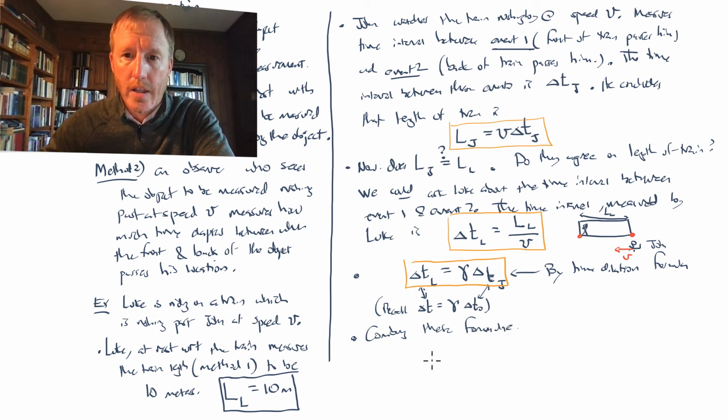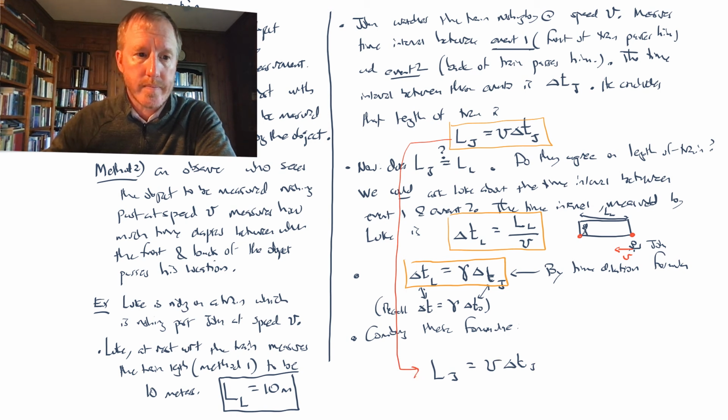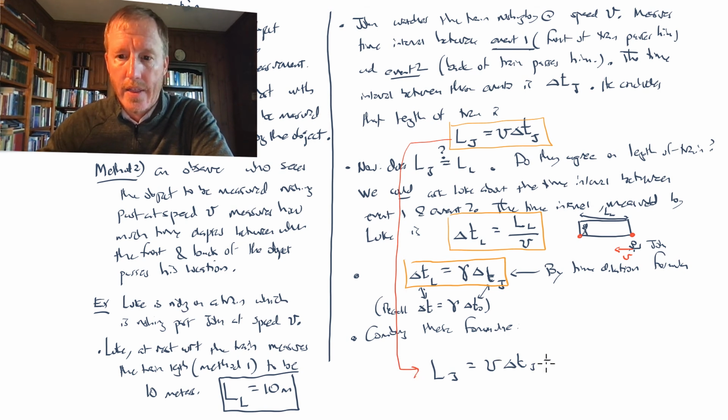So combining these formulas, we get the length according to John is equal to the velocity times delta t according to John. That is this formula up here, I'm just rewriting it. And that is going to be equal to the velocity times, well, what's delta t according to John? It's going to be delta t according to Luke divided by gamma, right?